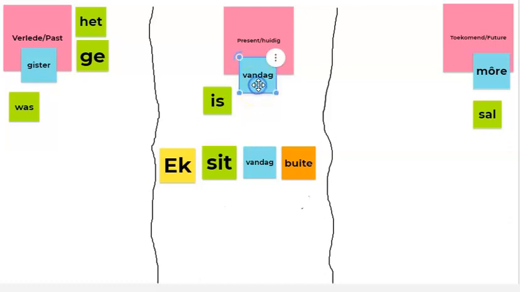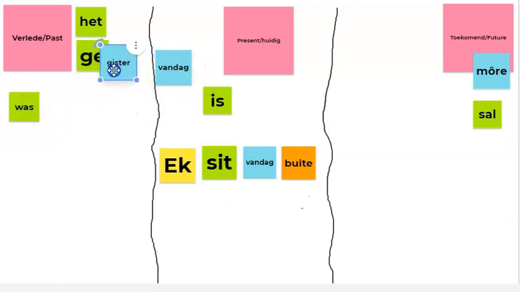Vandag is a very special word because it's blue, and blue words, in my case here today, can travel through time. The problem is that when they travel through time, they become like little chameleons. They can't go through the time here because once they touch it there, they change into another word.